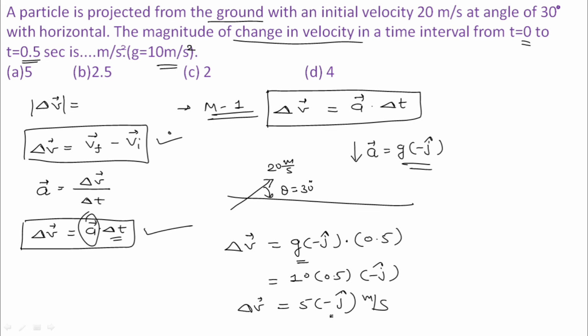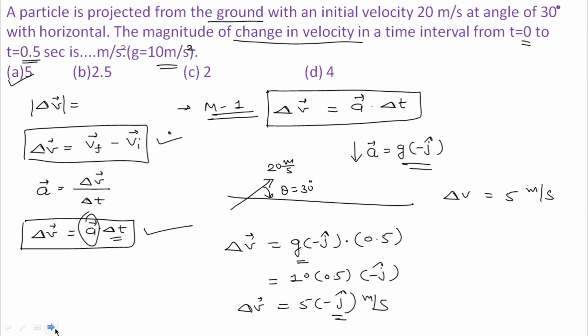This is change in velocity vector. Here we have this answer in terms of direction, 5 meter per second in negative y direction, and the magnitude is 5 meter per second. So option A is correct.